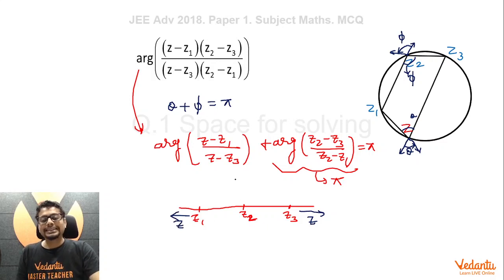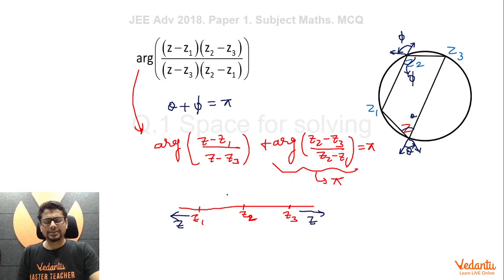Now this you can easily understand that if Z is on right of Z3, then Z minus Z3, let's say, represents a vector, and Z minus Z1 is a collinear vector. So that means their ratio would be some positive number, and argument of some positive real number is essentially 0.